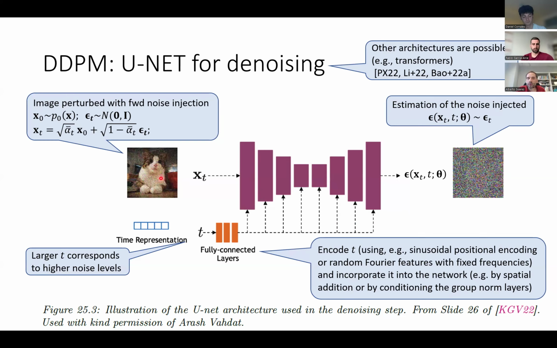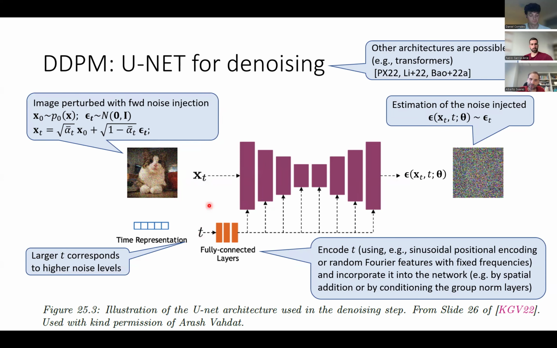In a UNet, if you use it for autoencoding, the input and the output would be the same. But in this case, you don't want the input and the output to be the same. You want the input to be the noisy cat with noise level t. You have to tell the network what the value of t is.